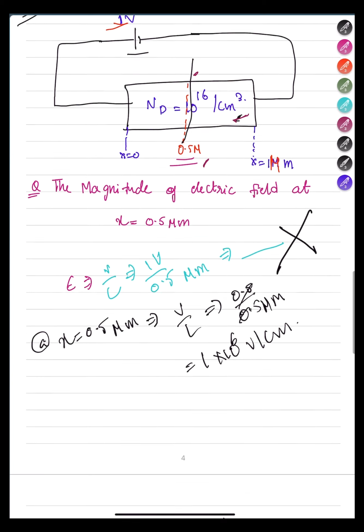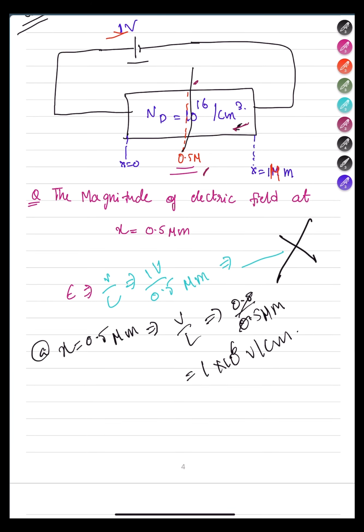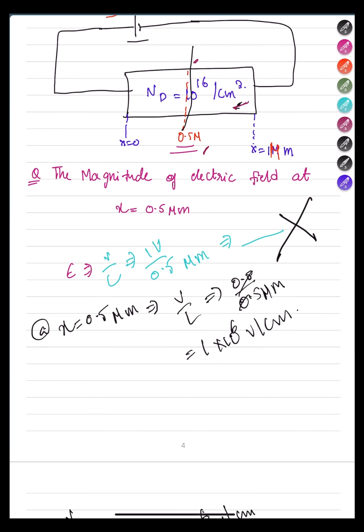Just want to add one more point. Why are we doing this? Because electric field is a point vector.